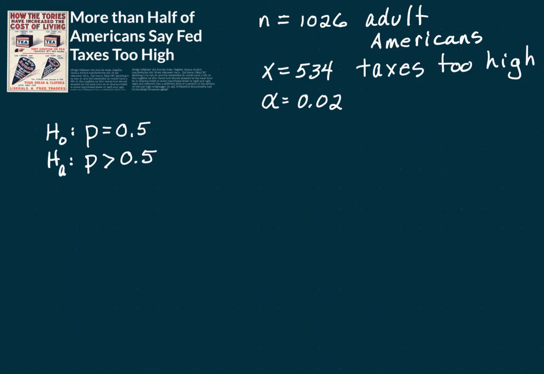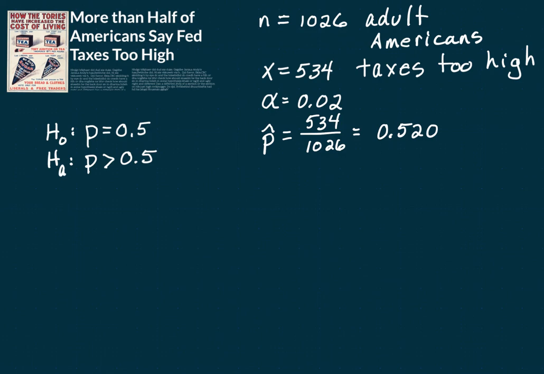Let's start our calculations. First, we need to find the sample proportion. So p hat will equal 534 divided by 1026, and that equals 0.520 if we round to the thousandths place.